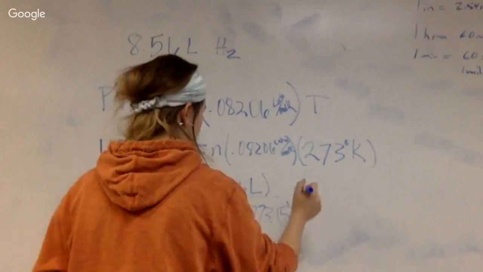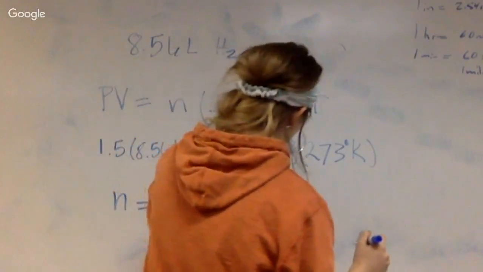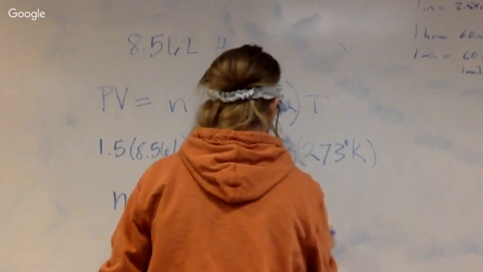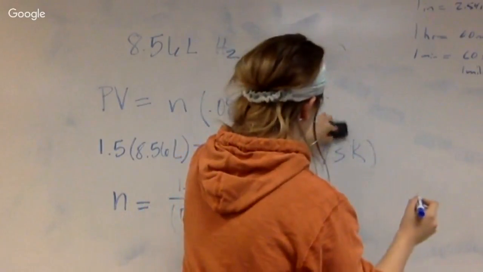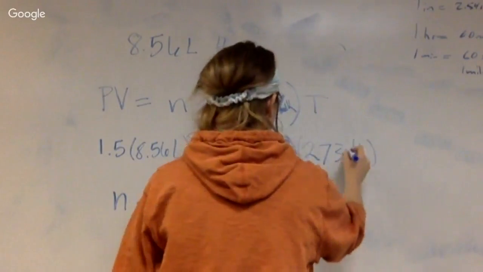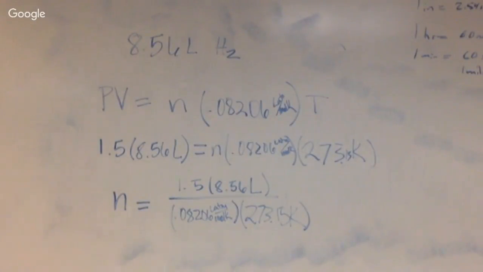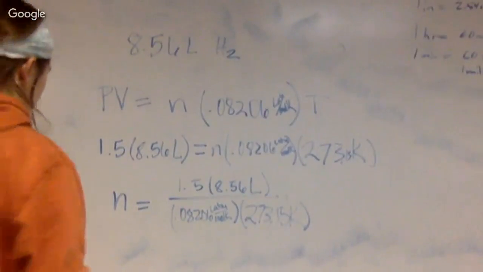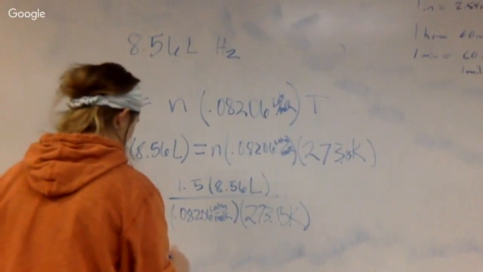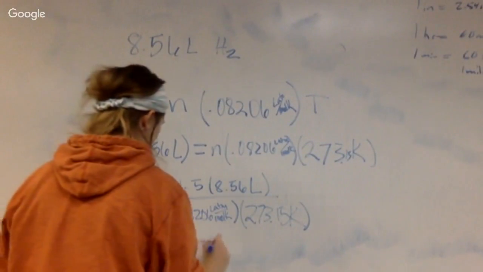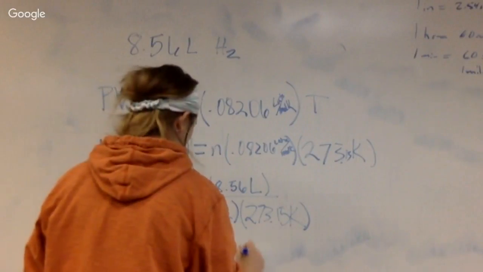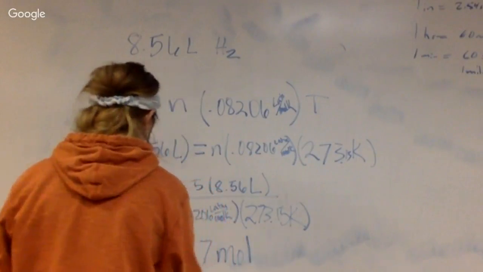And then isn't it just a matter of solving for n, which is moles? So you put the RT under. Mm-hmm. Now, it's 0.57. And okay, it gives you 0 Celsius, but whenever you convert it to Kelvin, it's 273.